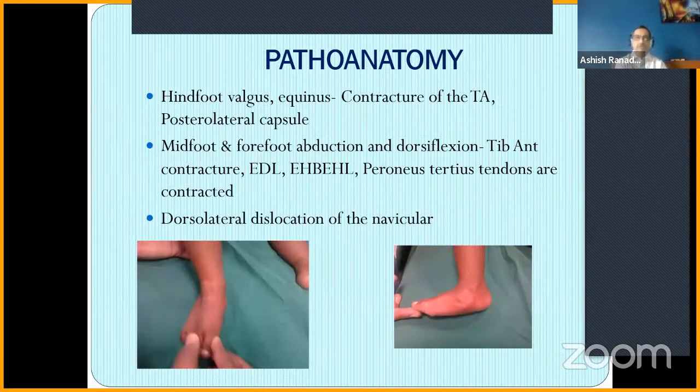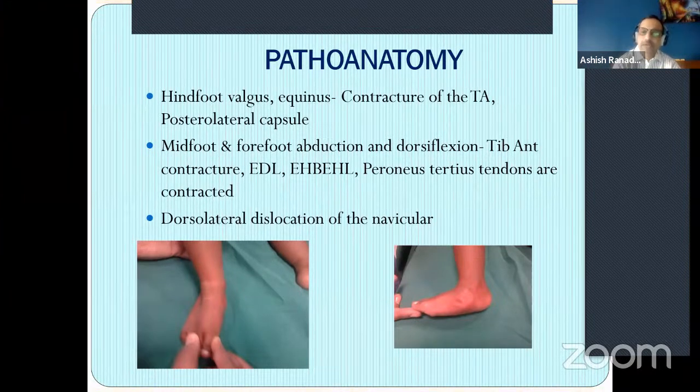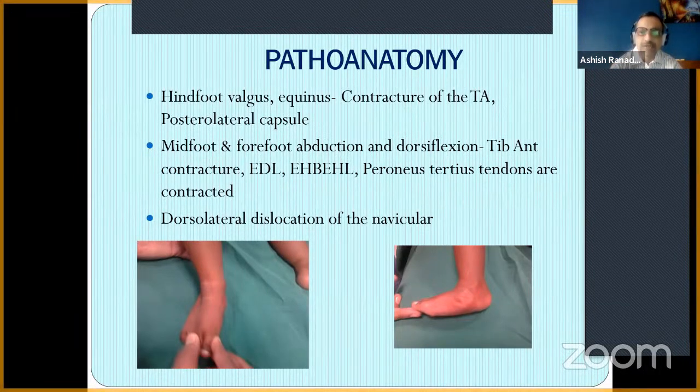Again, to recap the pathoanatomy, it is hindfoot valgus and equinus. There is associated contracture of the tendo Achilles, the posterolateral capsule of the ankle, as well as the subtalar joint. Then there is midfoot and forefoot abduction and dorsiflexion.